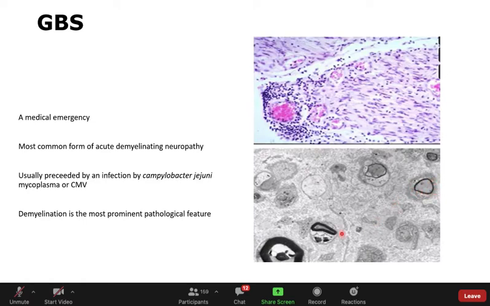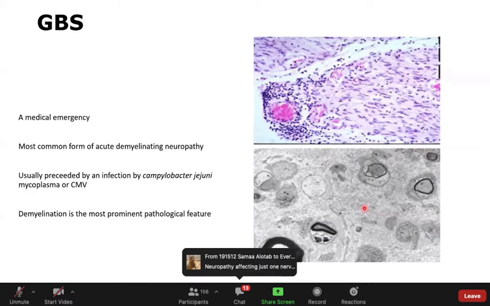Now, in the same picture, you see the fully recovered axon surrounded with this very thick myelin sheath. Finding all these lesions in one picture is something known as temporal heterogeneity, which means finding lesions of different ages in the same section, which is what you're looking at here.